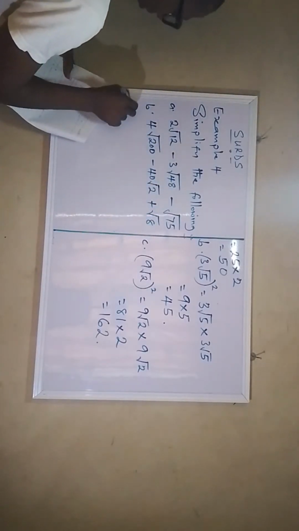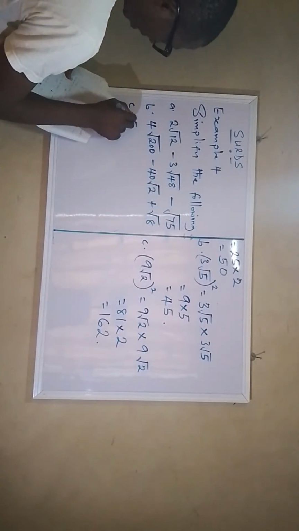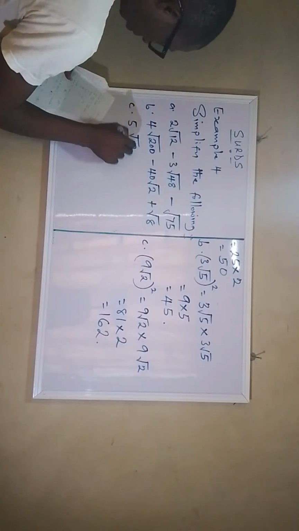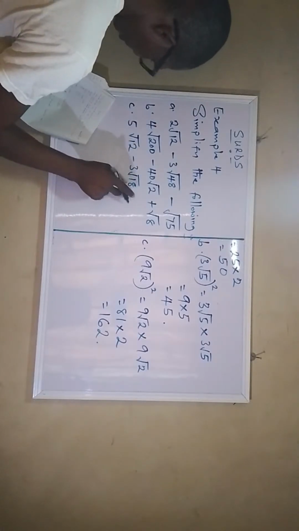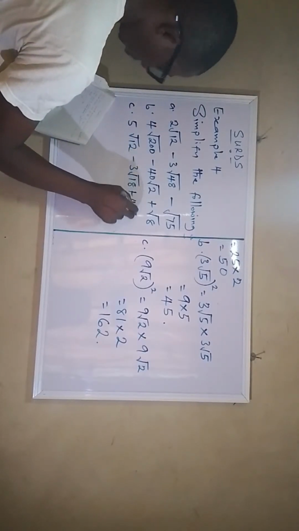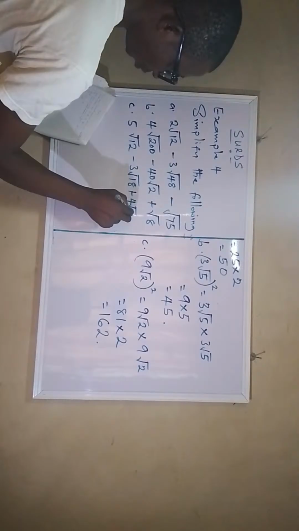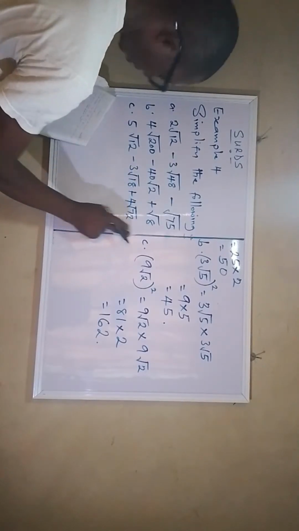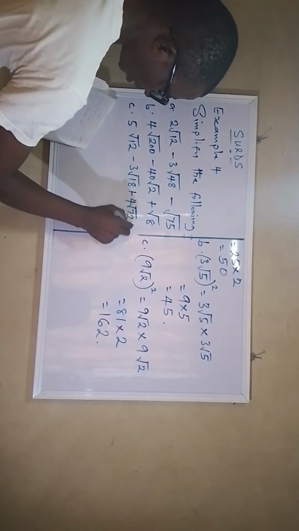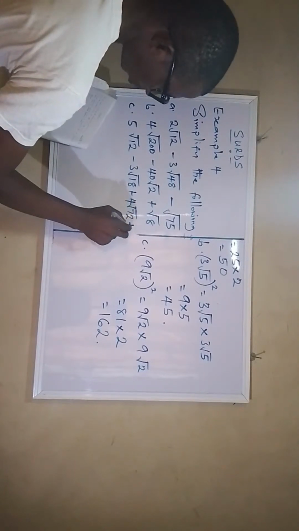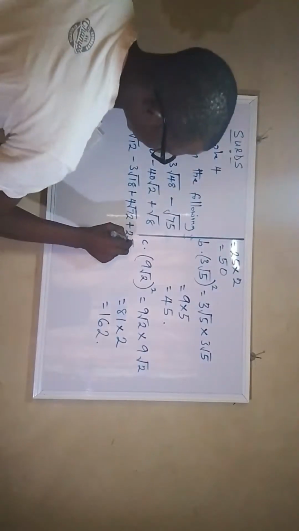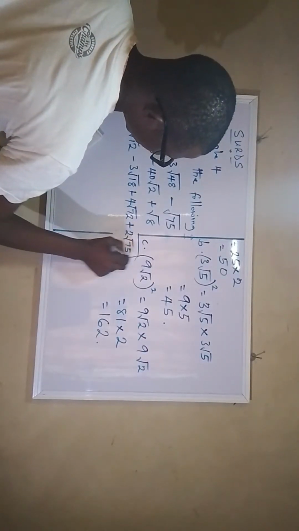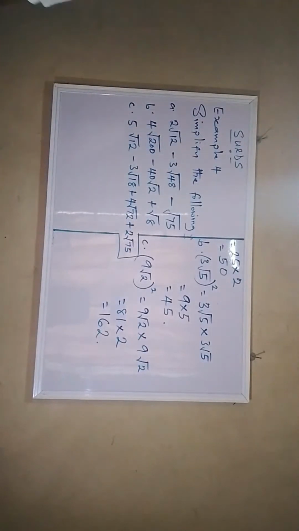And the last one, we have 5 square root of 2 minus 3 square root of 18 plus 4 square root of 72, plus 2 square root of 75. Okay, so that is the question.